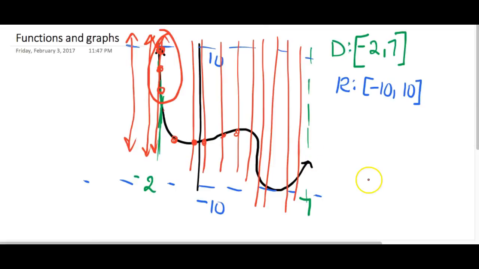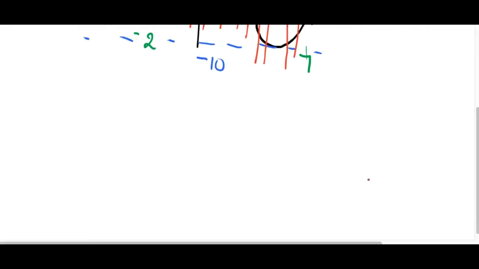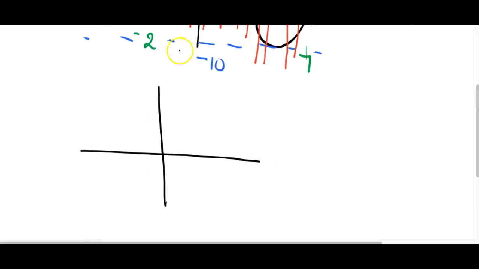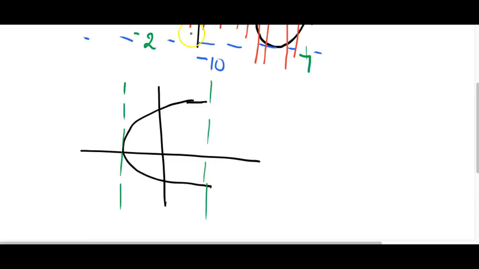So let's look at one that really isn't a function, that I know kind of tends to throw you guys a little bit. Okay, so I'm going to do my domain in green again, and my range in blue.